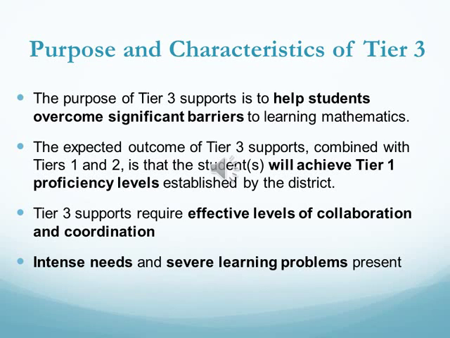Tier 3 supports require effective levels of collaboration and coordination among the staff, both general and specialized, providing services to the student. Tier 3 is provided to students who demonstrate both intense needs, the large gap in expected versus current performance, such as years of foundational skill development, and severe learning problems, such as unresponsiveness to intervention.